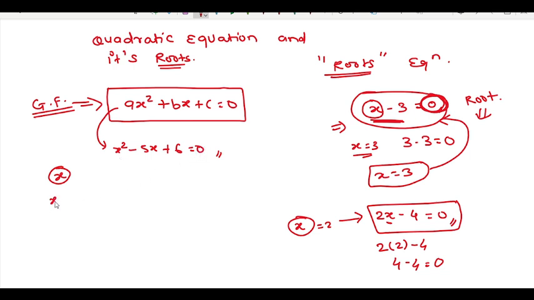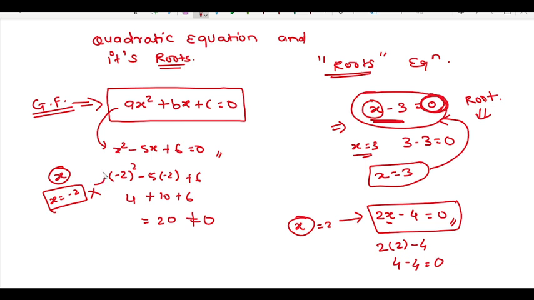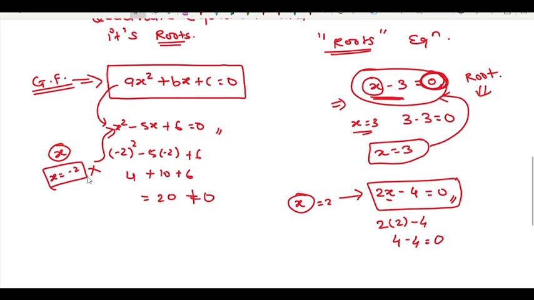Suppose I put x is equal to minus 2. Minus 2 square minus 5 into minus 2 plus 6 is 4 plus 10 plus 6, which is equal to 20. We want this expression to be equal to 0, and this is not equal to 0. So x is equal to minus 2 is not a root of this quadratic equation.